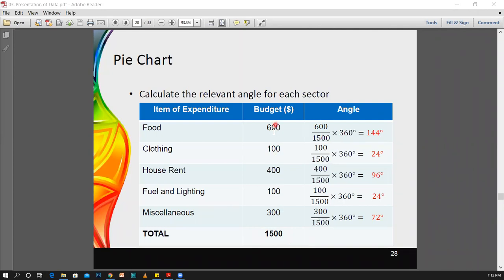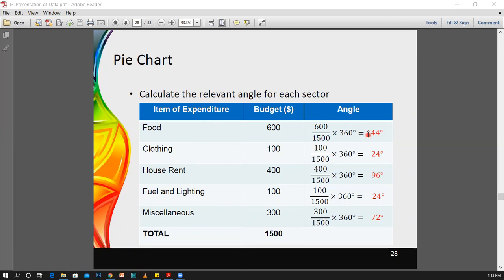Once you add these values, the total would be equal to $1,500. Then for each category, you can identify a suitable angle.